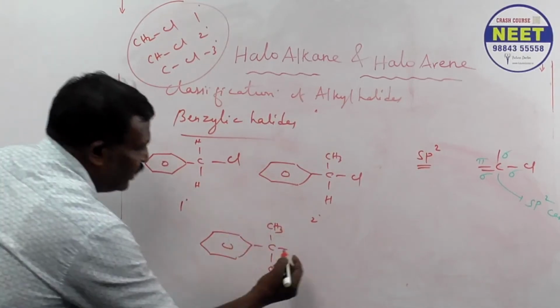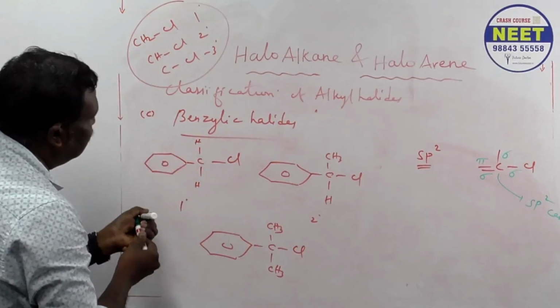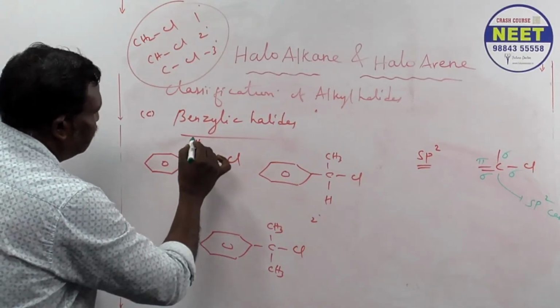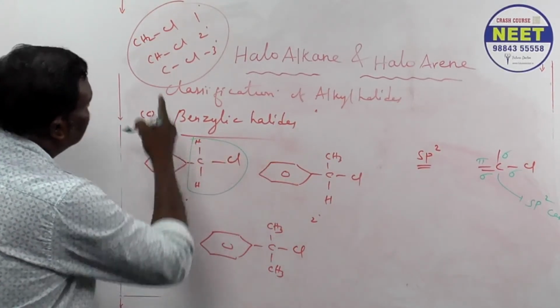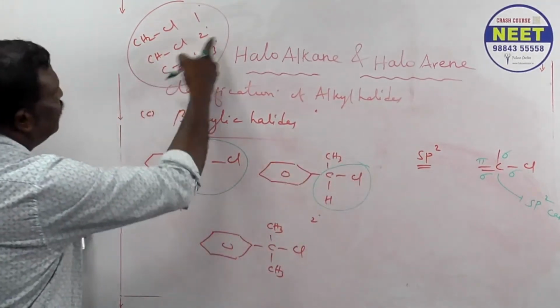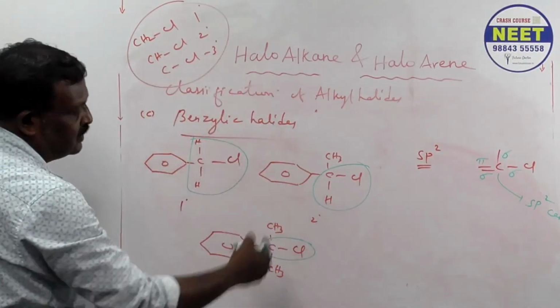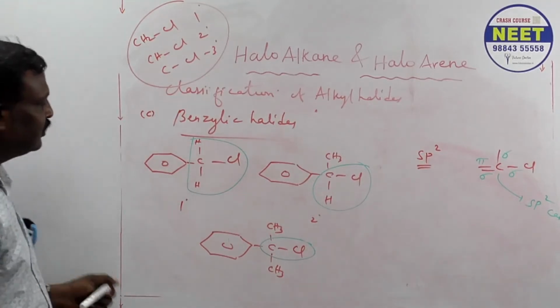Anyhow, CCl is there. CH2Cl is primary, CHCl is secondary, CCl is tertiary. Understood?